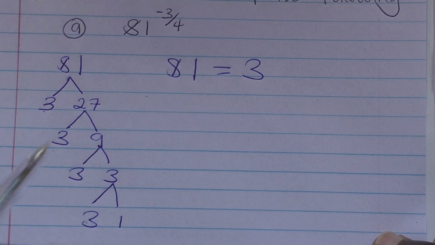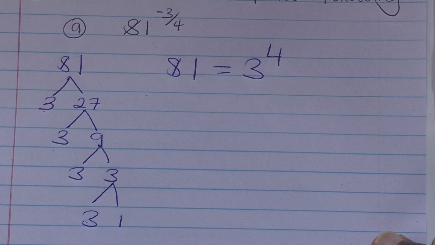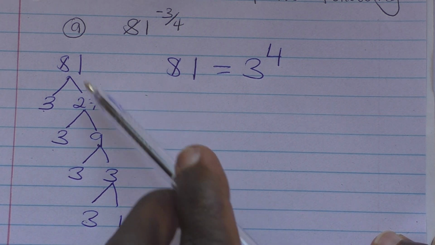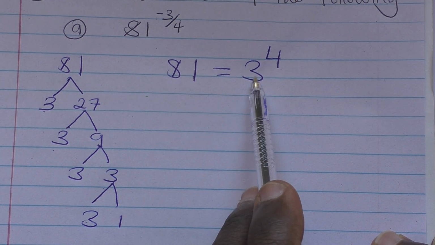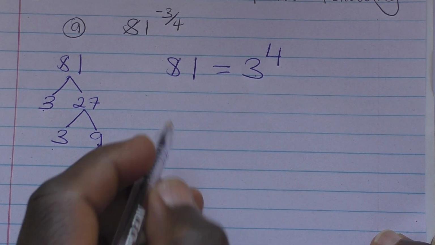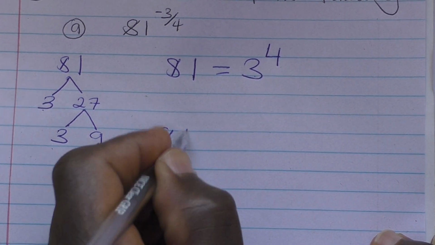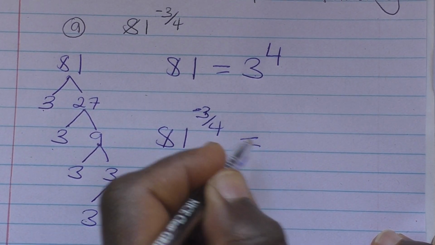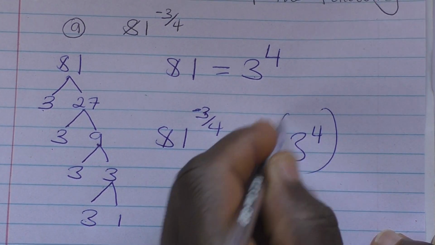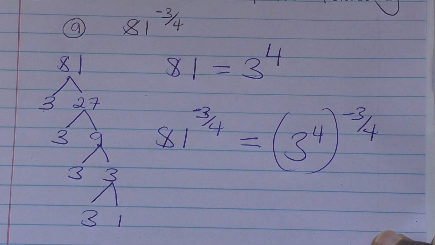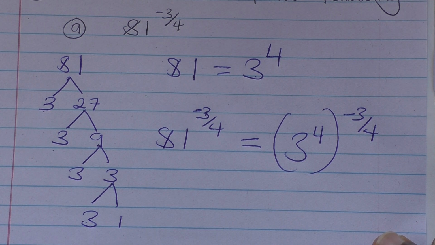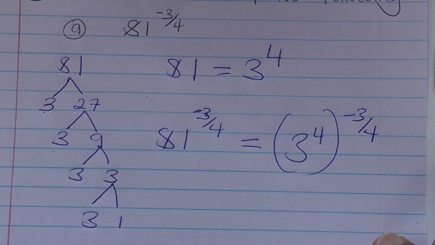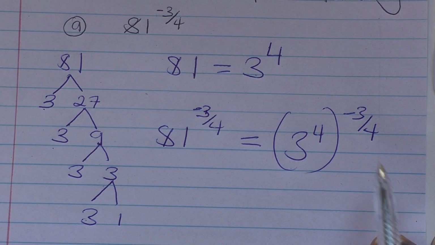These are 4 times. So 81 is the same as 3 power 4. After that, instead of writing 81, we shall write 3 power 4. That is to say, we have 81 powering negative 3 over 4, written as 3 power 4 power negative 3 over 4.